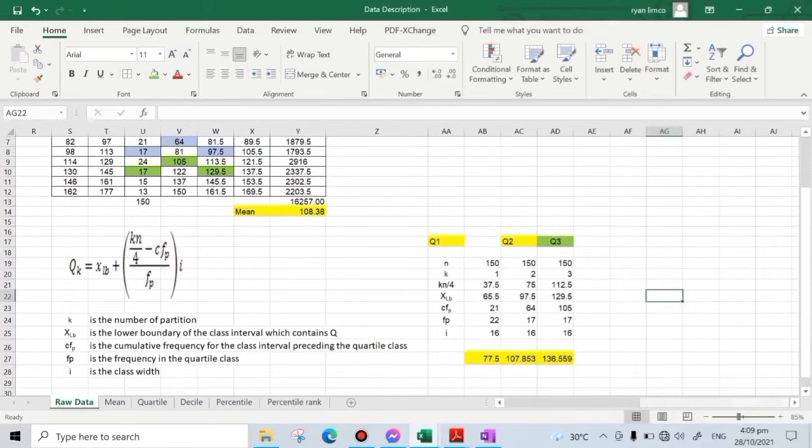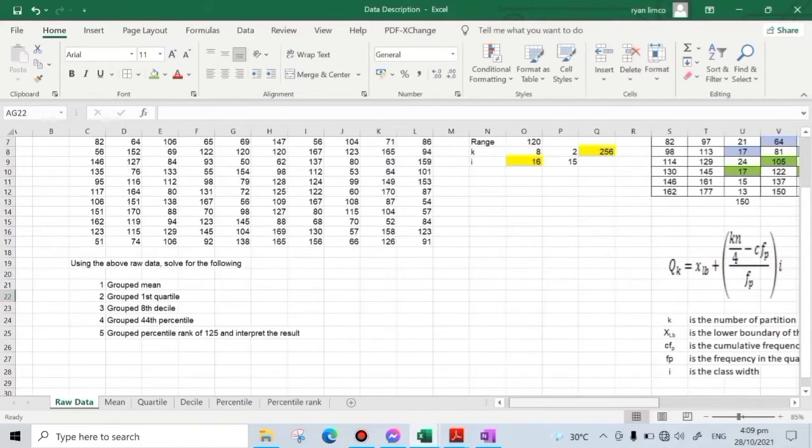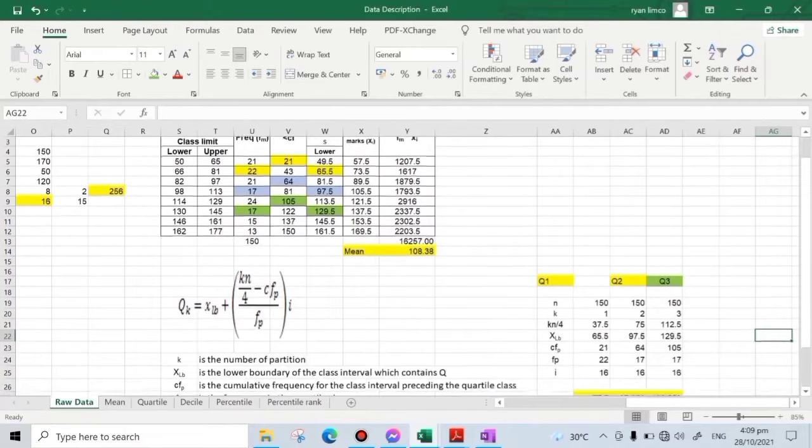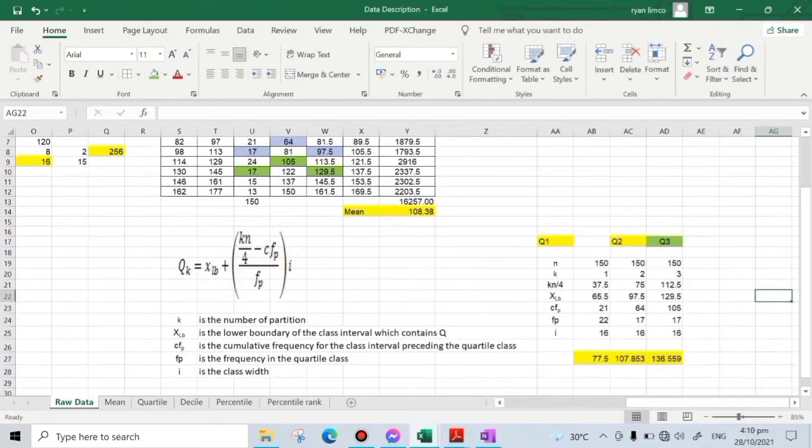So, next, we are asked to compute the 8th decile. For the 4, we just replace it with 10. It's the same formula.